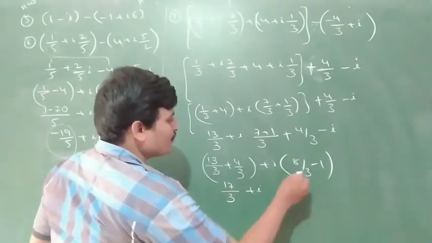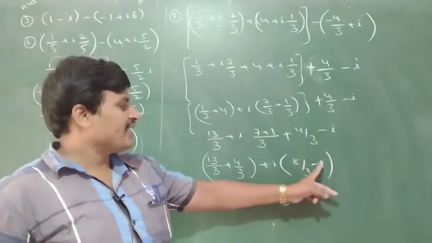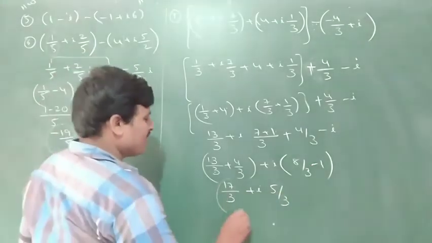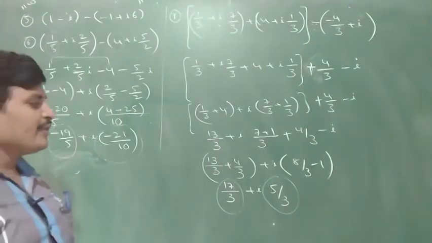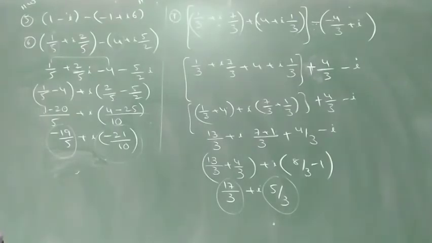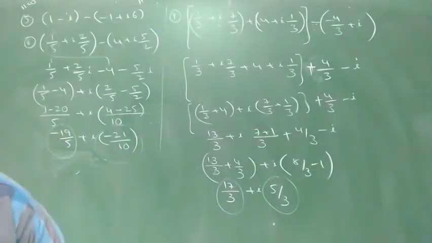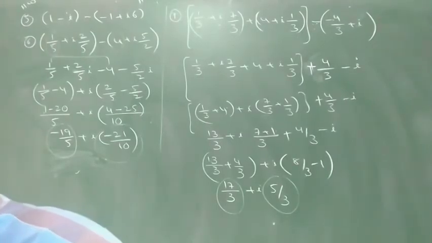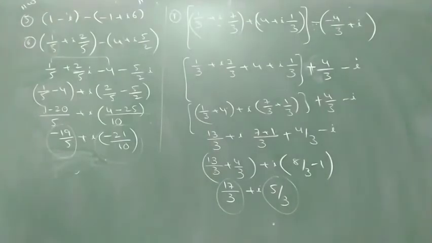Plus i into 8 by 3 minus 1, LCM 3: 8 minus 3, 5 by 3. So what is a? What is b? a is equal to 17 by 3 and b is equal to 5 by 3. Okay. Write down.